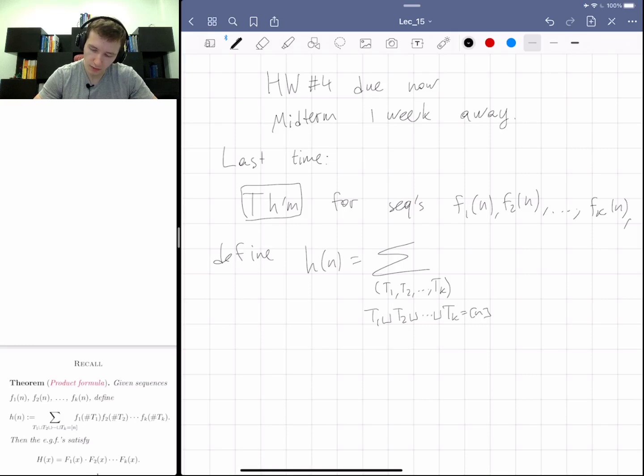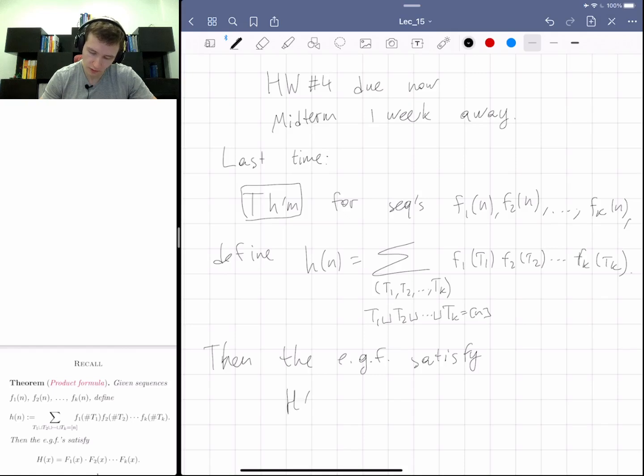Then you write f1 of t1, f2 of t2, etc., f sub k of tk. Then the exponential generating functions satisfy the product rule: H of x is f1 of x, f2 of x, etc., fk of x.